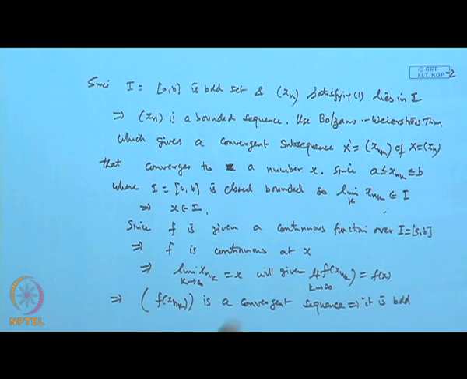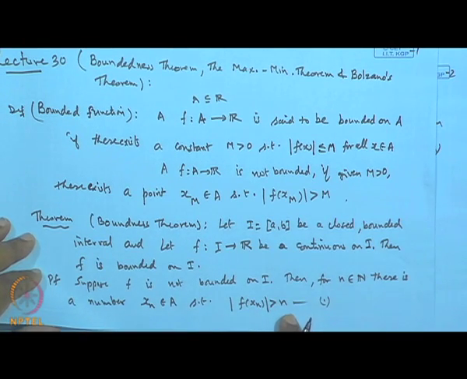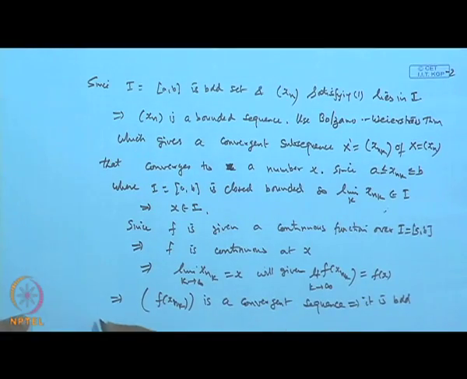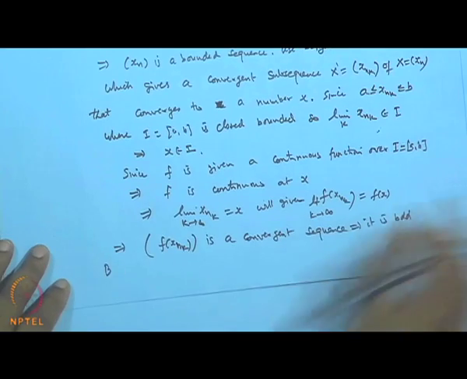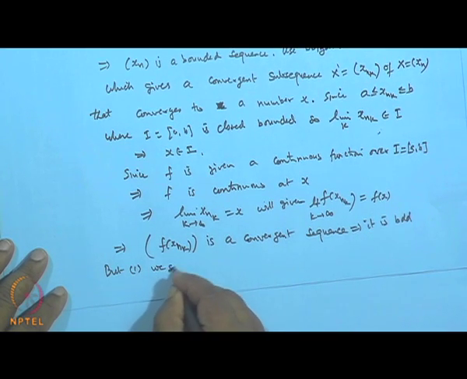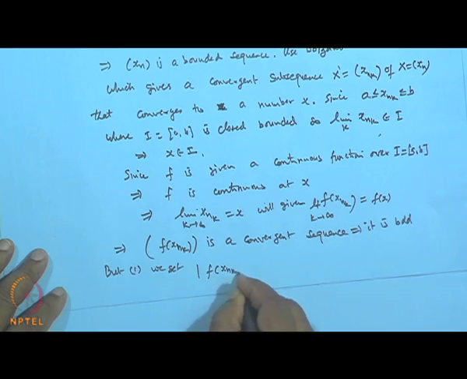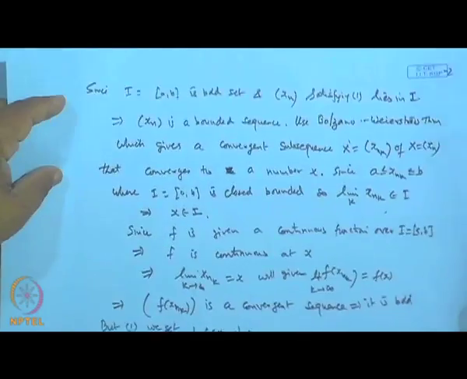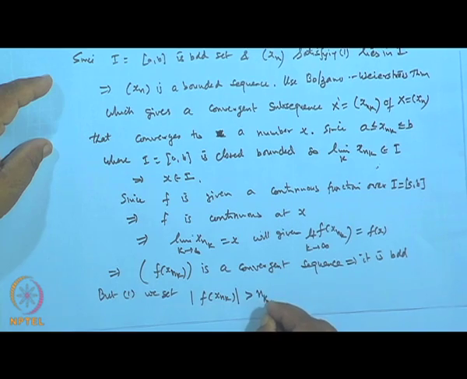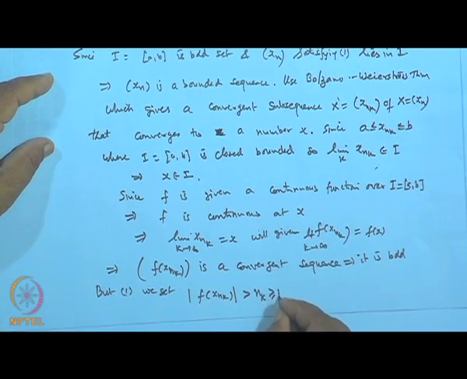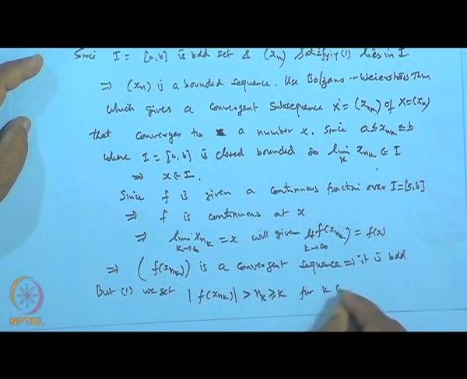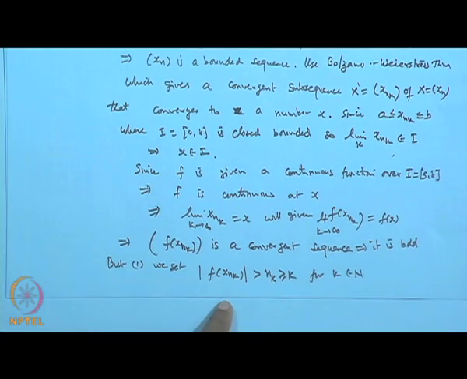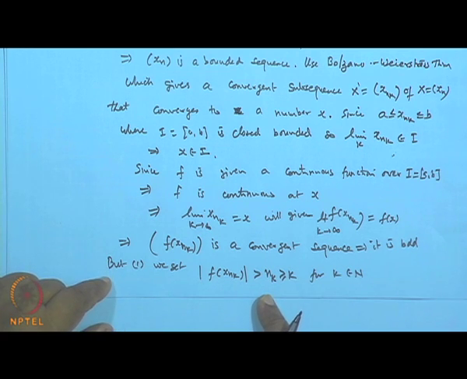but that gives a contradiction to our result, because this sequence |f(x_n)| is greater than n. So, from 1, what we get is mod of f(x_{n_k}) is greater than n_k, which is greater than k, and this is true for all k belonging to N. So, this continuous function is not bounded on the closed bounded interval.